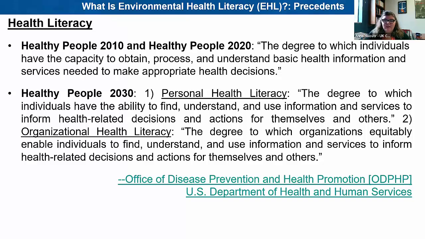We'll talk more about this as we go through this, but it is nice to see something that is a little higher on the social ecological model. And, spoiler alert, I think you have a social ecological model talk coming up in this series. So there will be more about that later, I'm sure. But in the meantime, just know that we are starting to at least integrate into definitions of health literacy these higher level, more systems and structural pieces.